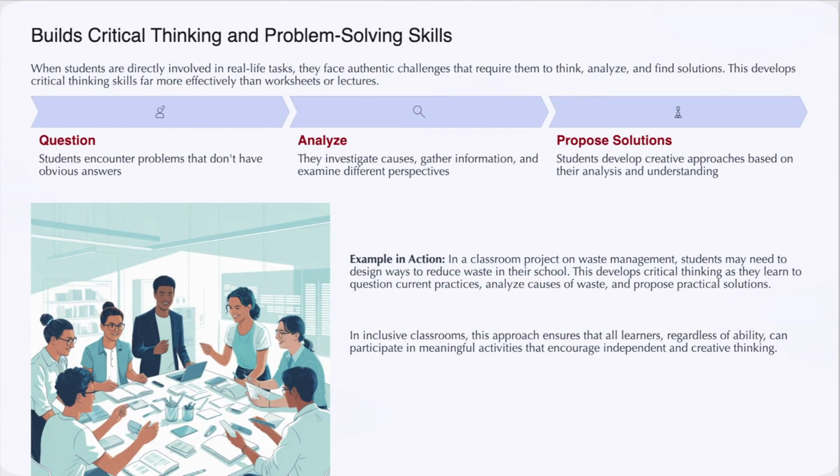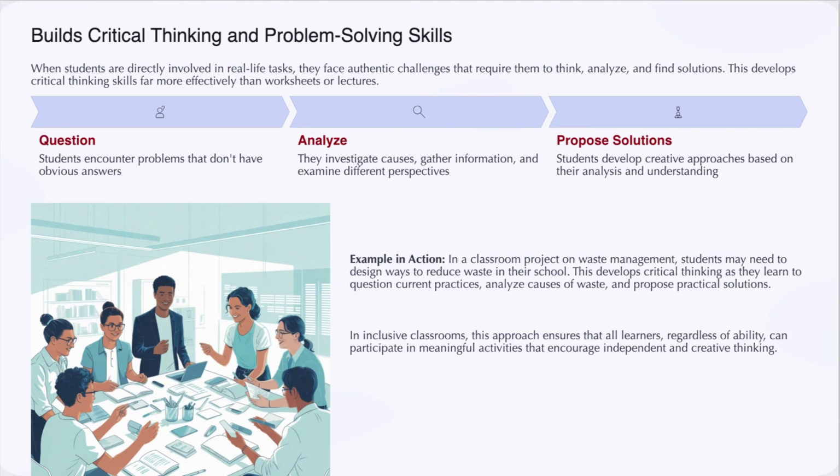Number four, builds critical thinking and problem solving skills. When students are directly involved in real life tasks, they face challenges that require them to think, analyze, and find solutions. For instance, in a classroom project on waste management, students may have to design ways to reduce waste in their school.